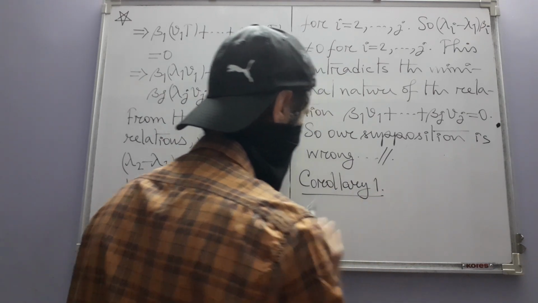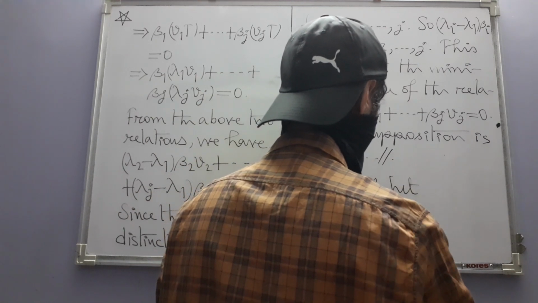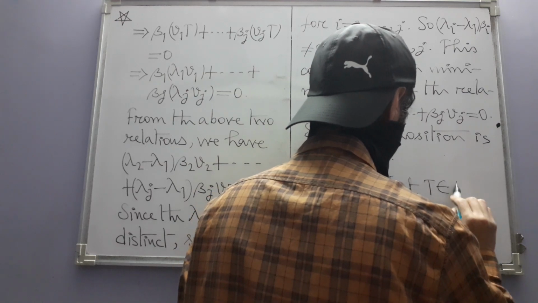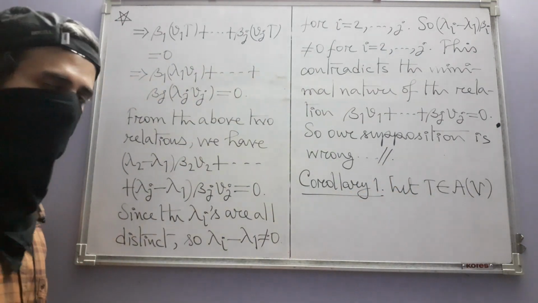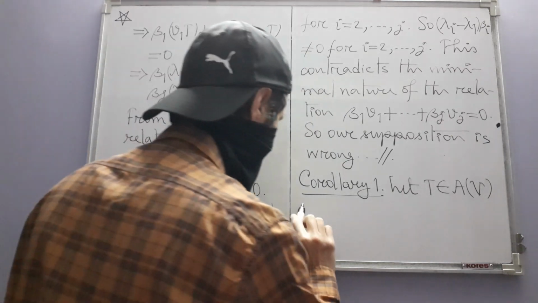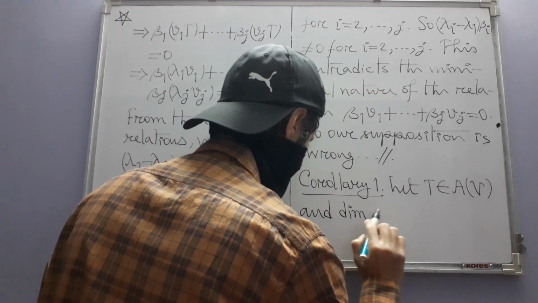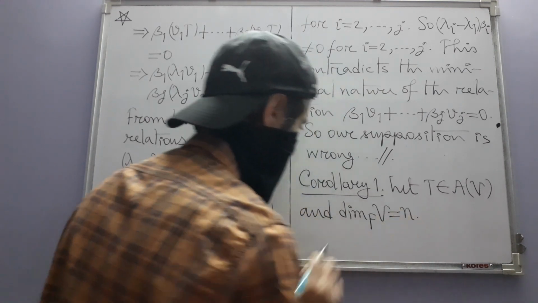Corollary 1. Let T be a linear operator on V and the dimension of V over F be some n.